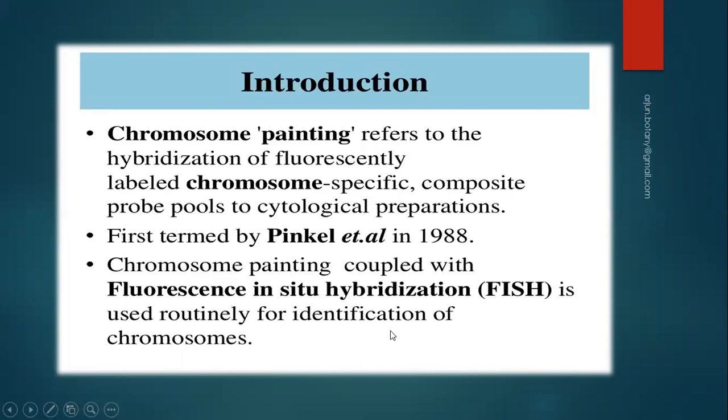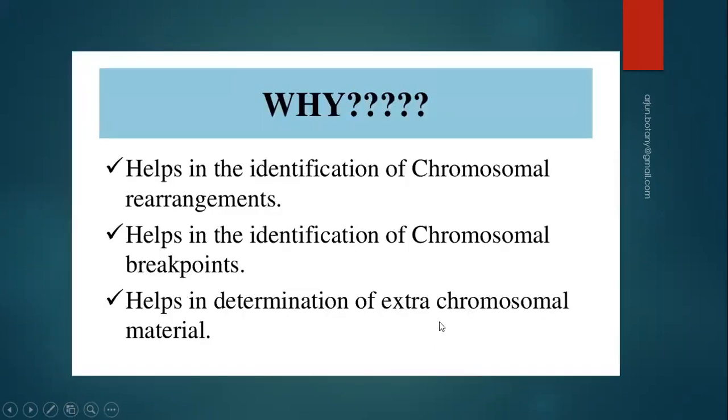There are two types of hybridization technique in genetics. One is GISH and another one is FISH. And FISH is used in the chromosome painting technique. Next, why do we use chromosome painting? First, it helps in the identification of chromosomal rearrangement.